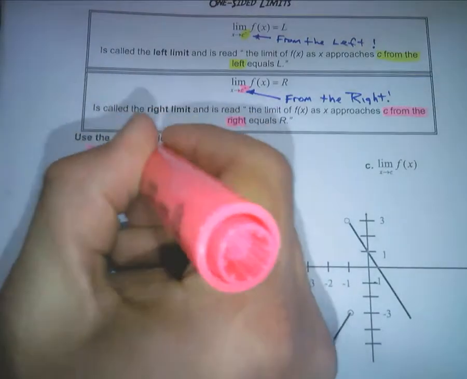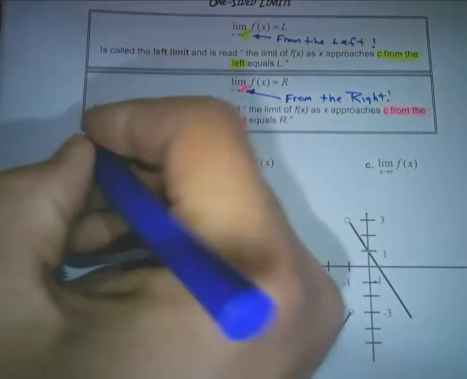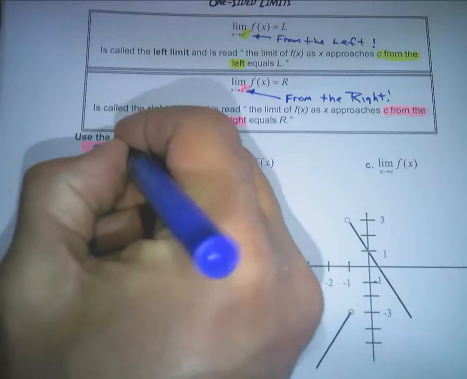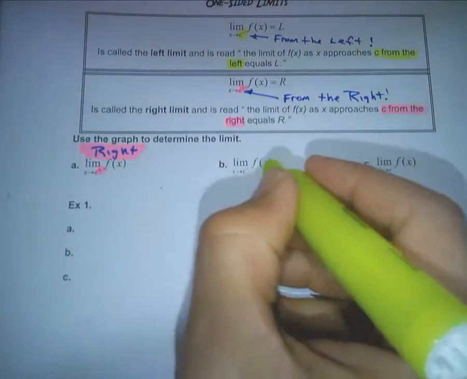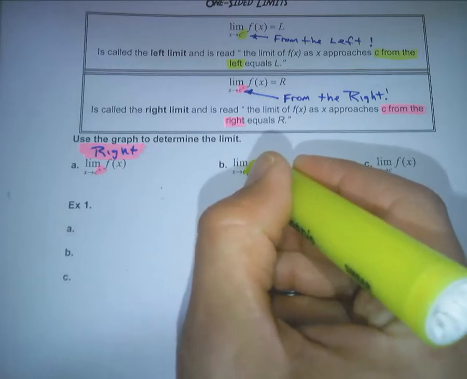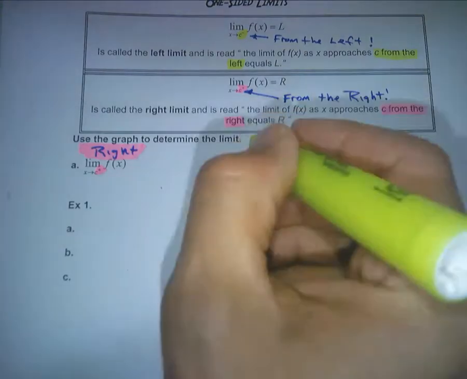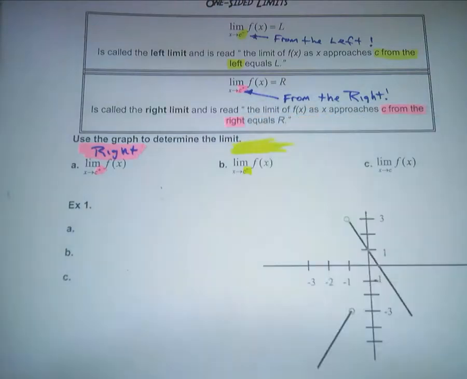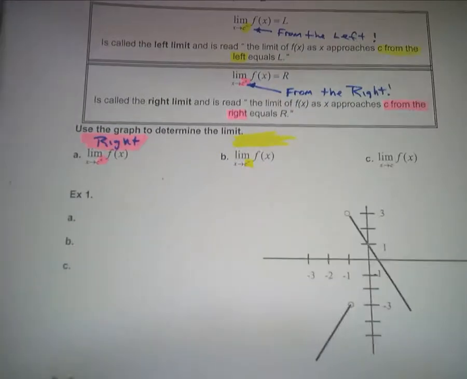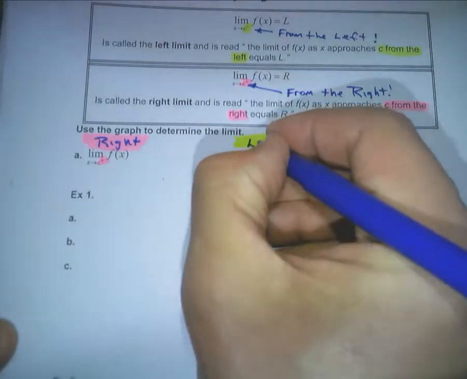So again, A is my pink one, which is from the right. And B is the limit of f of x as x approaches c from the left. It has a little negative there, with a little exponent. It's not really an exponent, but that's where the location of it is. Okay, so that's from the left.